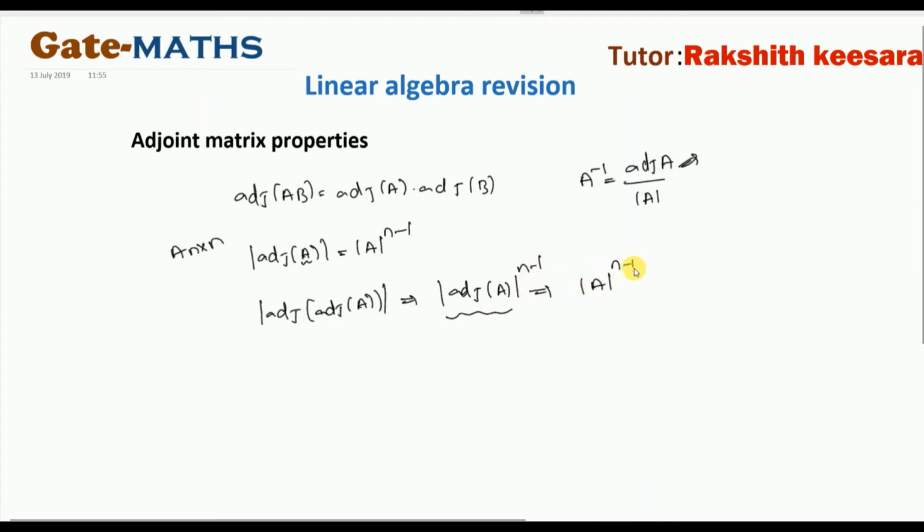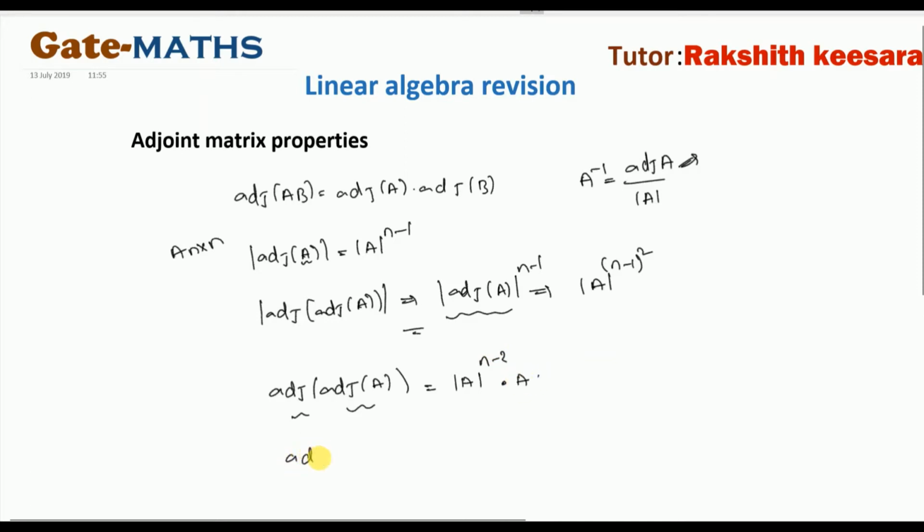So it will become n minus 1 whole square. Like this we should calculate. And adjoint of adjoint A without any det will be equal to det A power n minus 2 into A. See, here there are two terms, so n minus 2 into A.